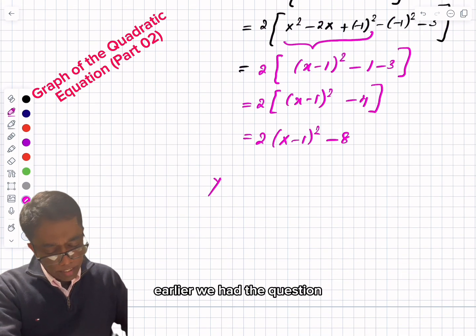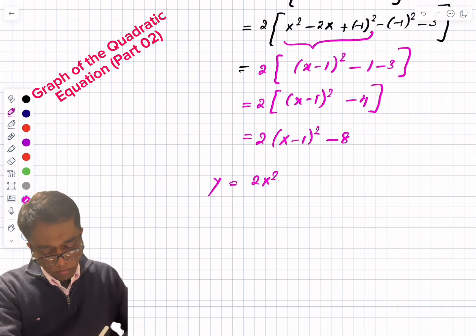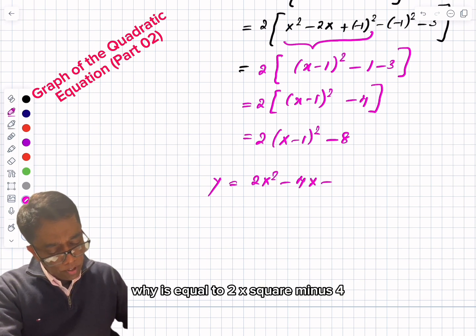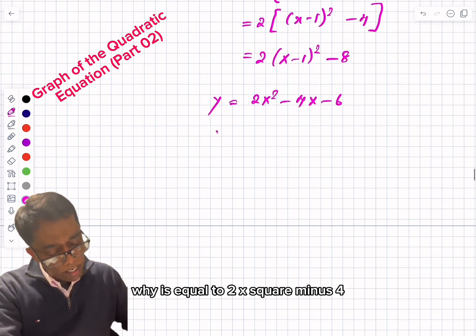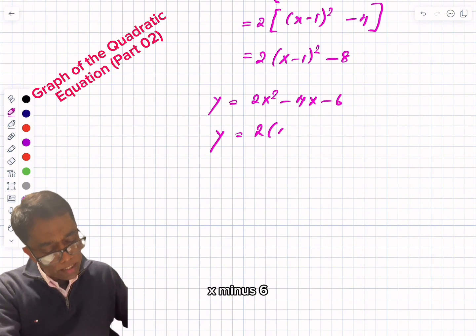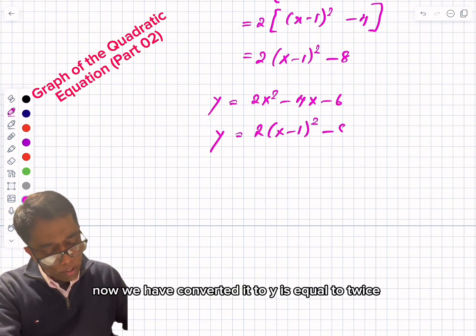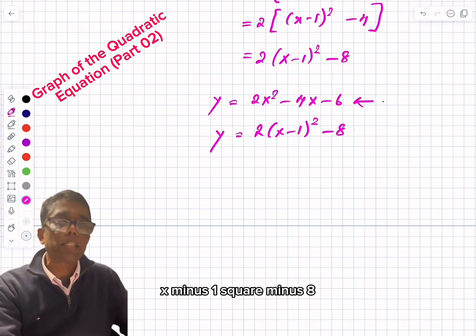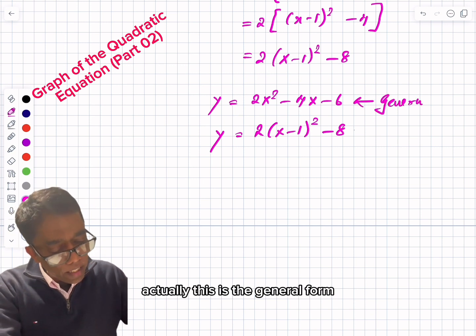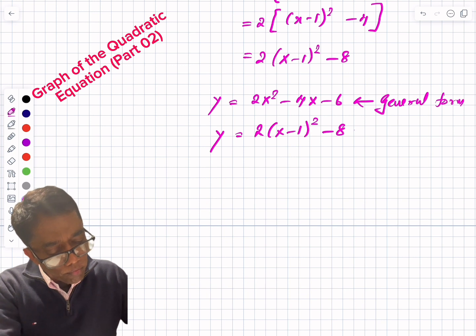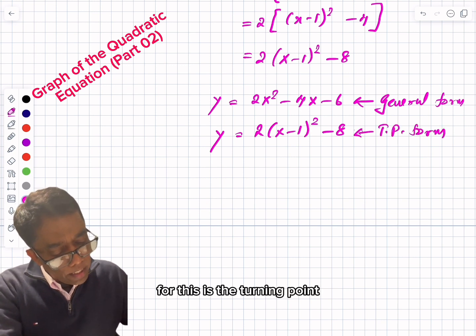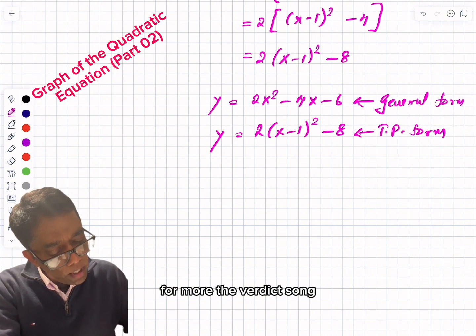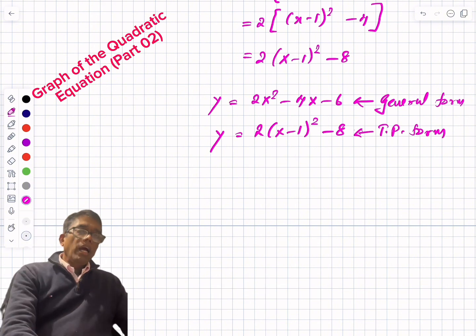Earlier we had the equation y is equal to 2x squared minus 4x minus 6. Now we have converted it to y is equal to 2(x minus 1) squared minus 8. Actually, the earlier one is the general form, and this is the turning point form or the vertex form.